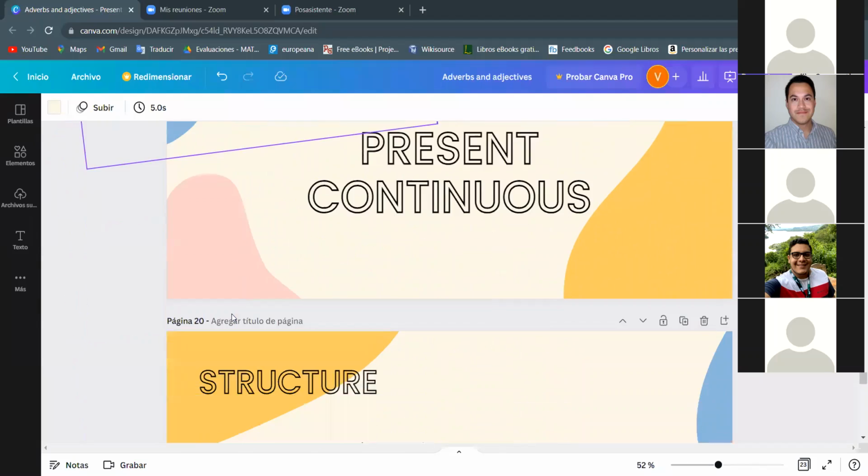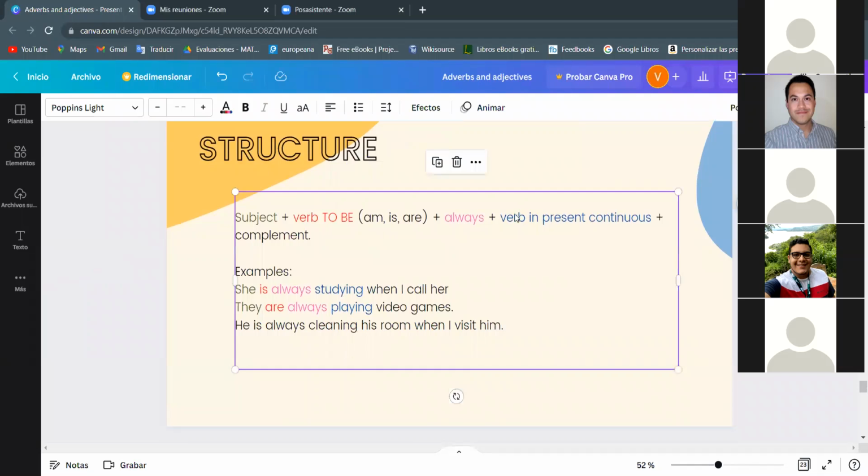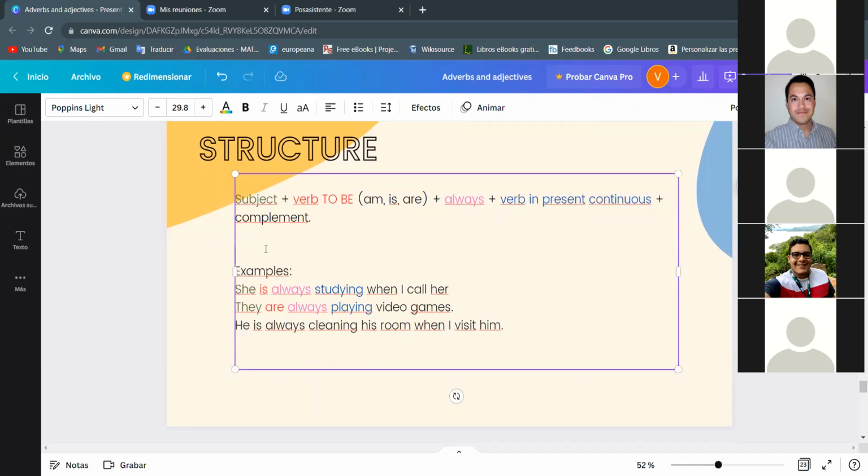You said, I always losing things. It's not right. You're missing something. Let's see. The structure. You have always, and you have losing, and you have I. What are you missing?